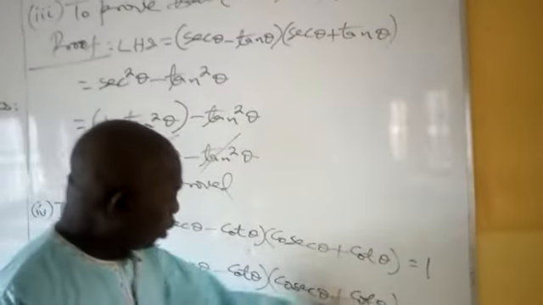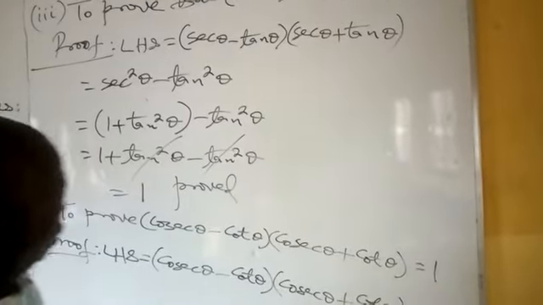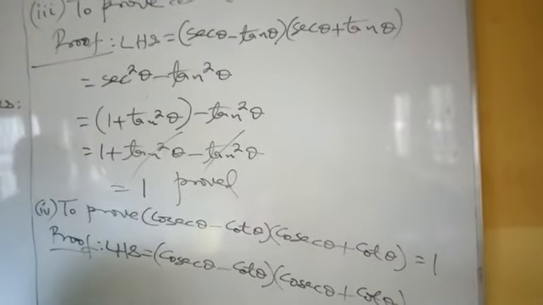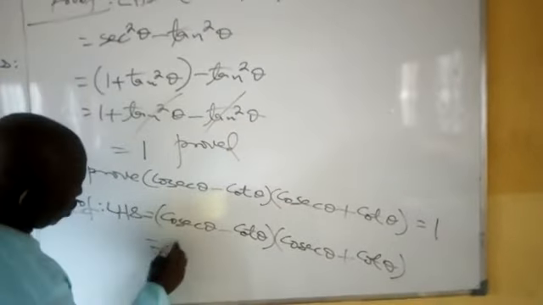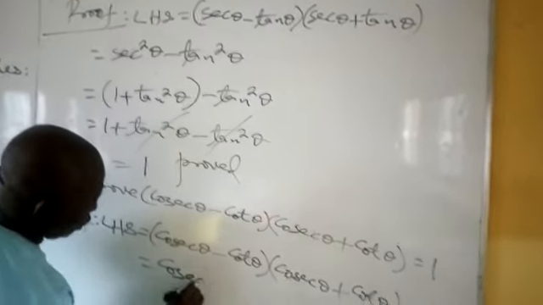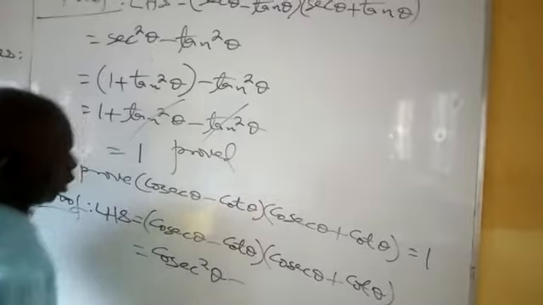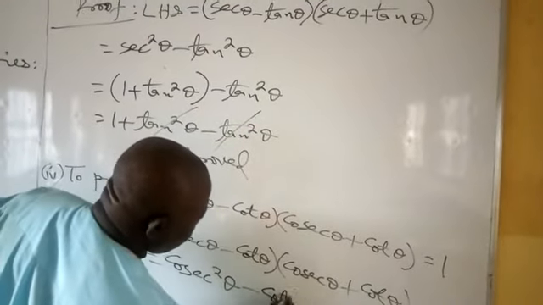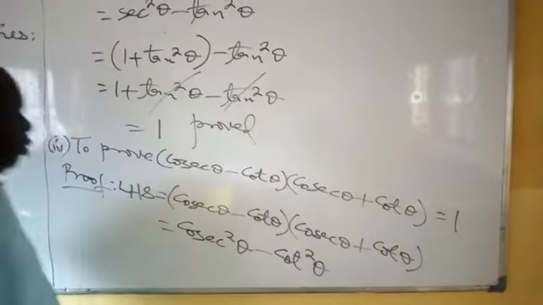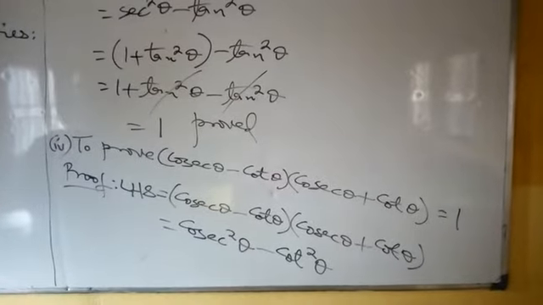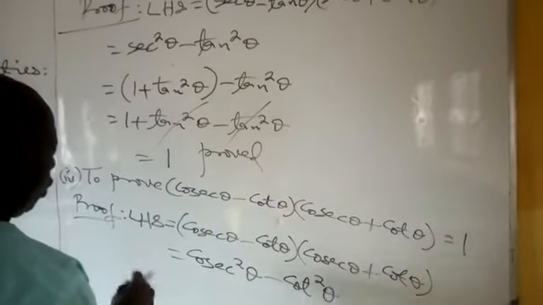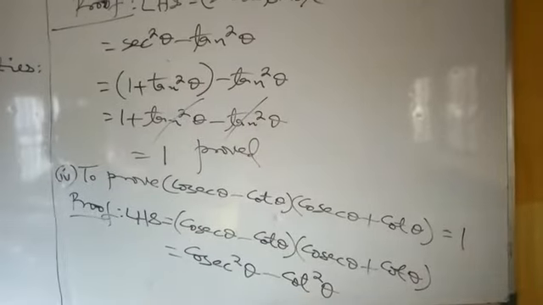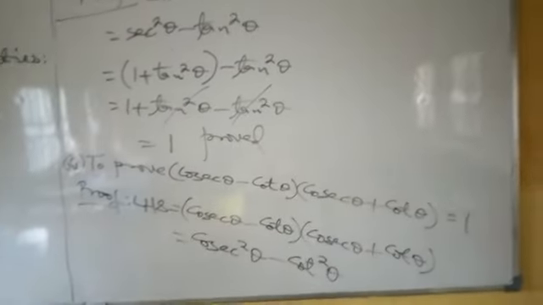So the expansion of this will give us that difference of 2 squared. Expanding this, I'm going to get cosec square theta minus cot square theta. So I replace this cosec square theta with 1 plus cot square theta.